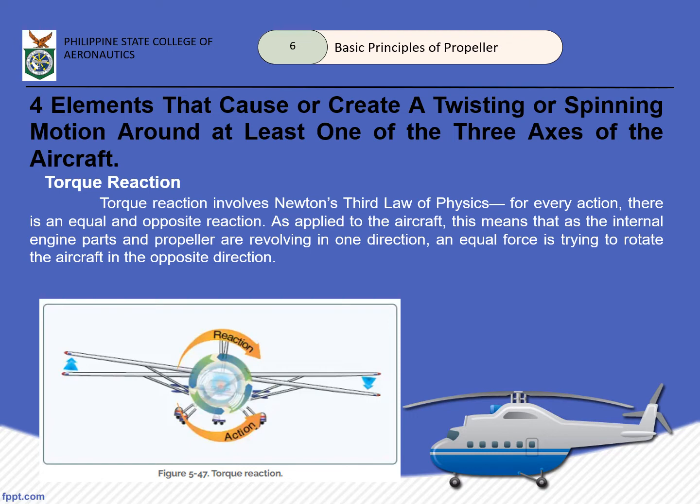As for rotary wings, when we reach the topic of helicopter aerodynamics, it will be totally easier to discuss this one since we get the gist of what we are learning. So, this will also come up in our helicopter aerodynamics. Just take note of torque reaction.